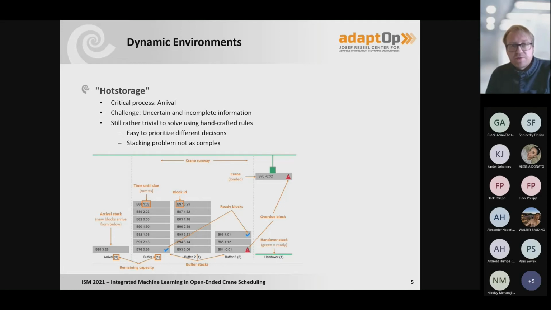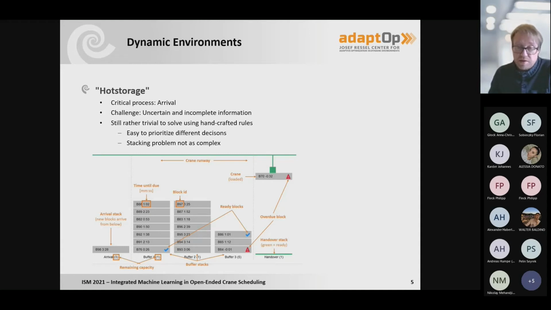The first environment that I want to talk about is a hot storage. Its industrial pendant is a continuous caster, a continuous casting process that delivers steel slabs, and these have to be stored in a facility and need to be retrieved at some point. Here we have an arrival stack where new blocks appear at the bottom, and a handover stack that is available.